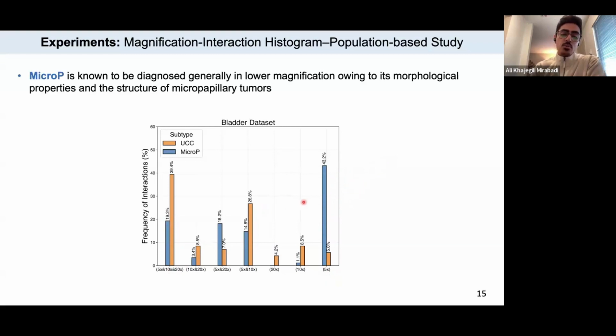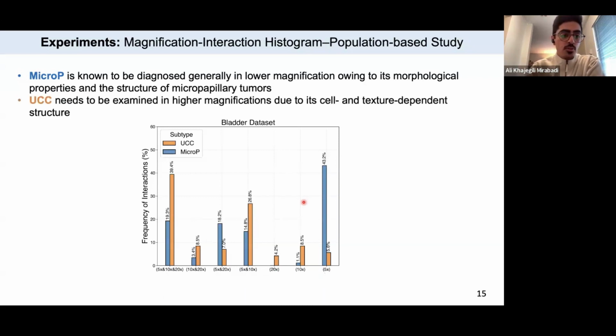So, and this also matches with the knowledge that we have that for micropapillary, if you show even a thumbnail to a pathologist, if it's a really expert pathologist, they can diagnose micropapillary from thumbnail. It's known to be diagnosed from lower magnification.